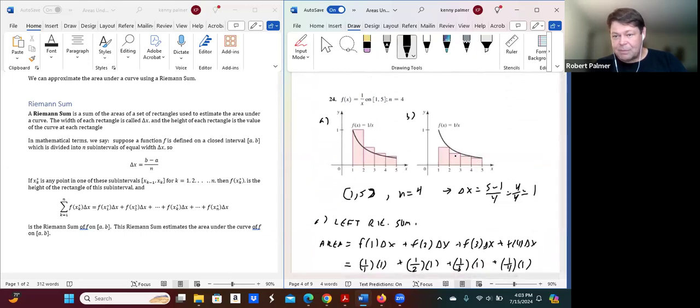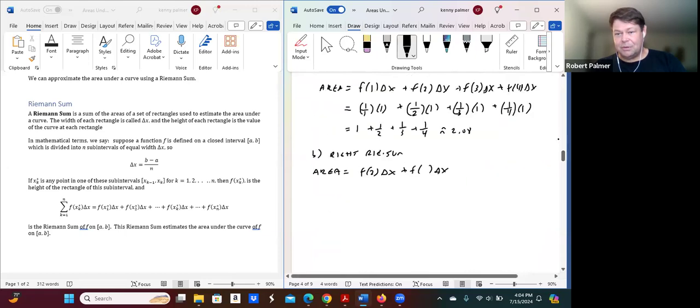Okay. So this time, the second rectangle intersects at 3, the third one at 4, the fourth one at 5. Okay, so you get the idea. f of 2, f of 3, plus f of 4 delta x plus f of 5 delta x. Okay, and of course, that's just going to be f of 2.